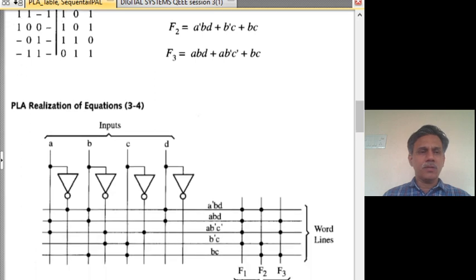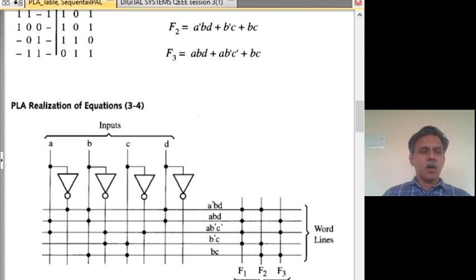So, what we do is we have vertical lines running for every variable and its complement being present: A bar, B bar, C bar and D bar. And by interconnecting the appropriate cross points, we can come up with any product term.